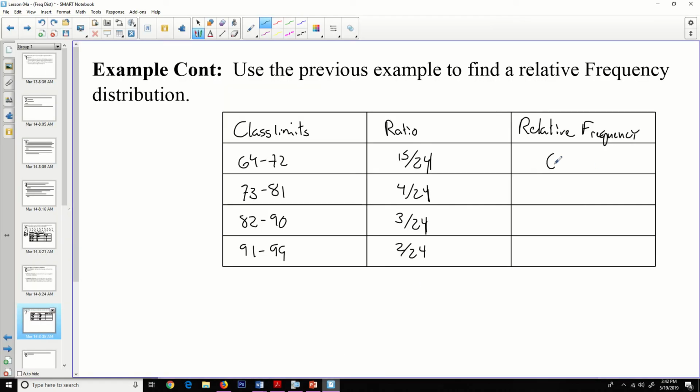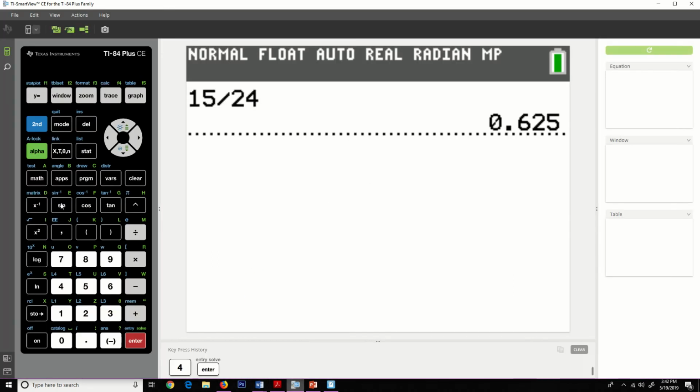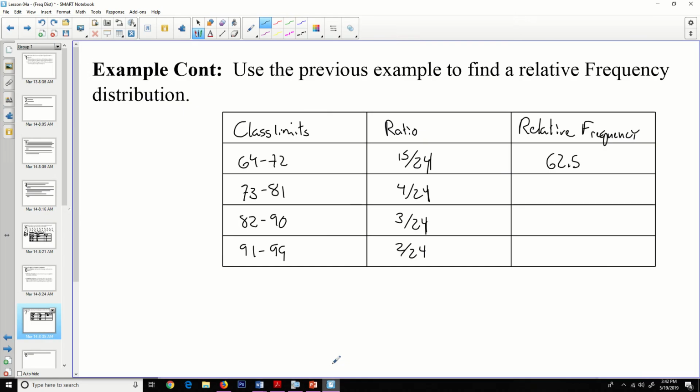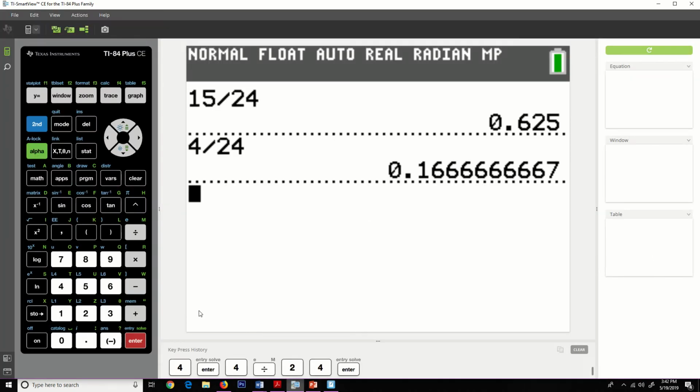So 62.5% of the data lies in the first class, and then 4 out of 24 gives me 0.166. So we will move the decimal 2 spots and say it is 16.7%. I should have a percent there. Don't leave your percentages off. Always label your final answers.